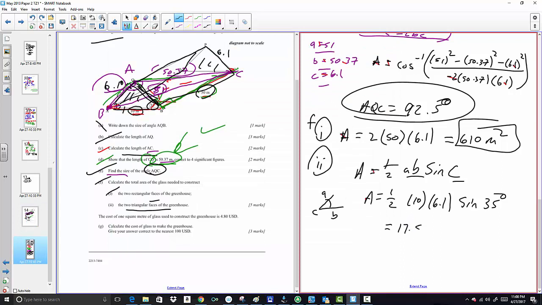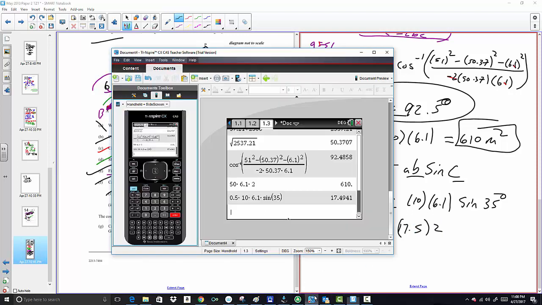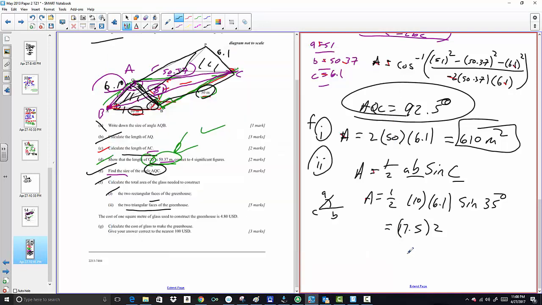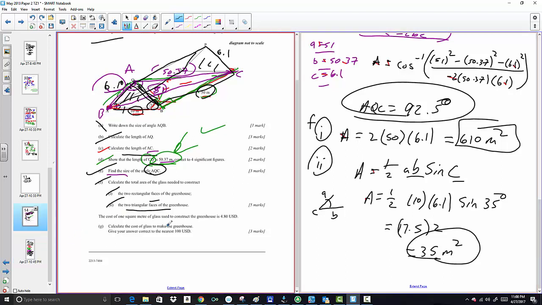Okay, that's for one of the triangles, right? And then we're going to have to multiply this by what? By 2 to get both triangles. So when I multiply that by 2, it's going to be about 35. So let's say 35 square meters. That's the answer for that one. That's part 2. Okay, and we're almost done.